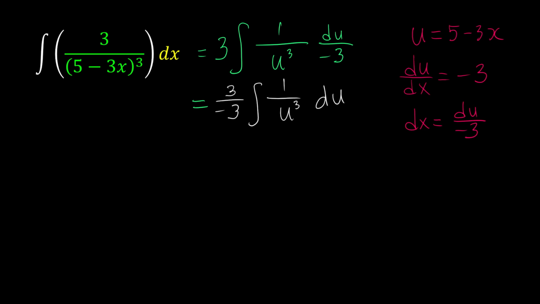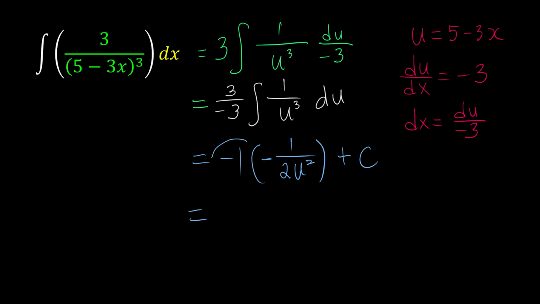Since now we have the variable u and we integrate with u, it's fine to carry on. So 3 divided by negative 3 is negative 1. And this one, we know the trick: it must be negative 1 over u, reduce the power by 1, which is 2, and times 2. So this is a trick. If you don't know, you can check the previous video.